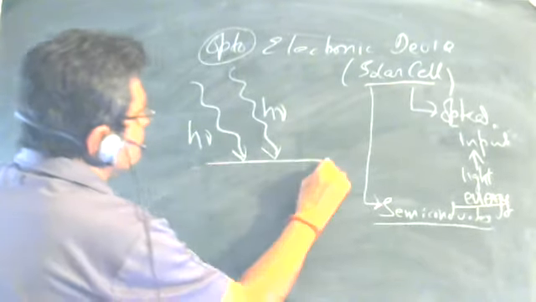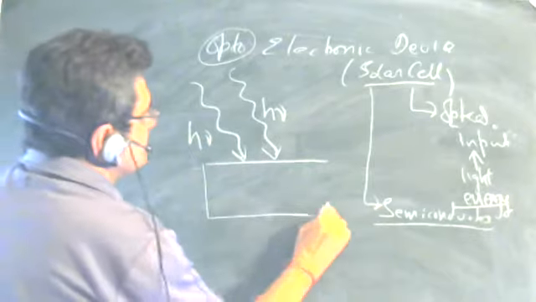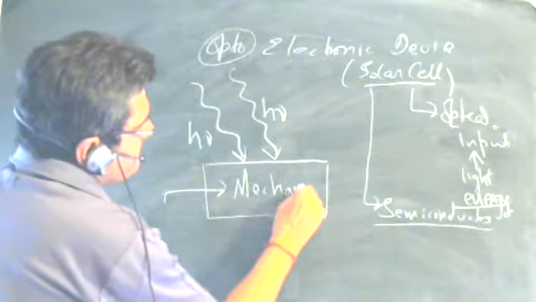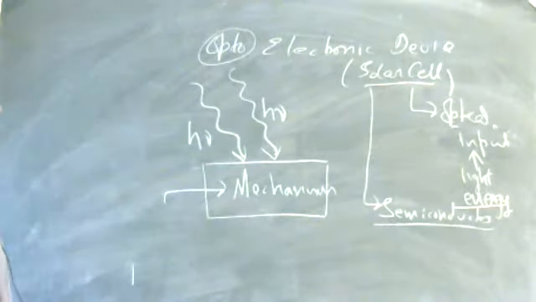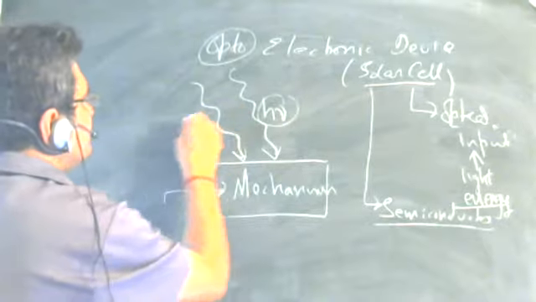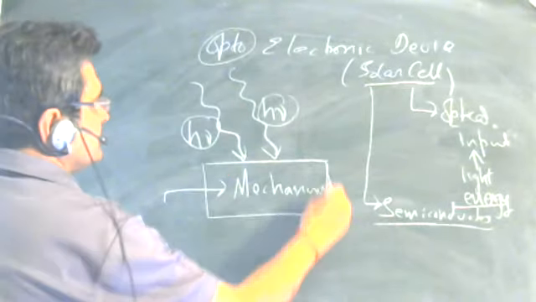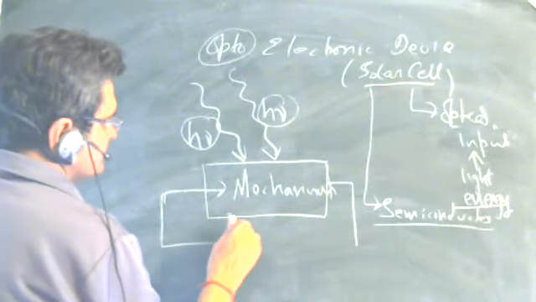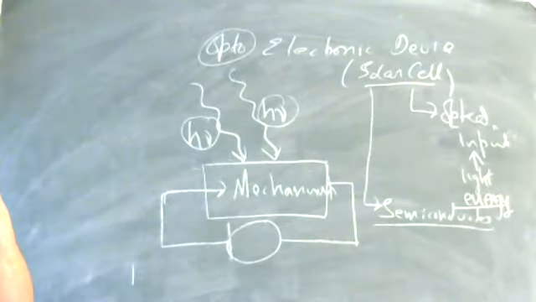We want to utilize this energy by some mechanism, which, when it receives the photons, generates voltage difference, or I'll say the current. It generates current. This is the mechanism we want. So this mechanism is obtained by skillful use of these semiconductors.